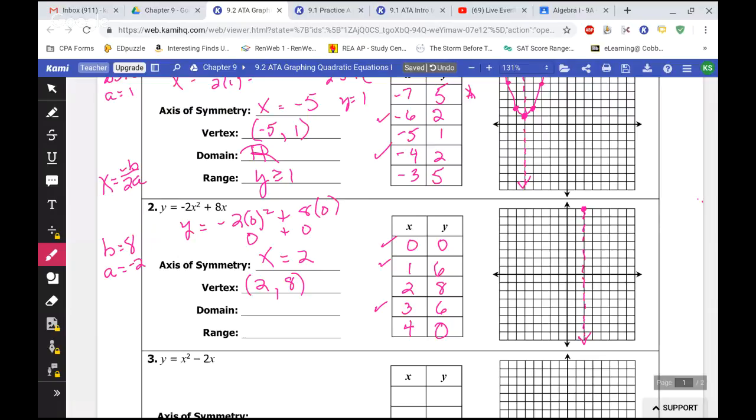Okay. And what is the A again? Is it a negative or a positive? Is the A term negative or positive? Positive. The A. Oh, negative 2. Yes. So will my parabola open up or down?